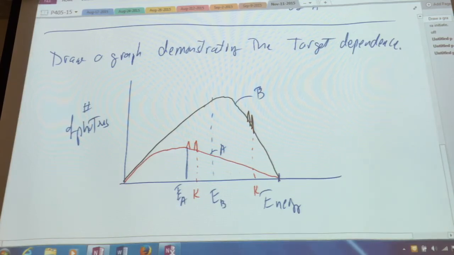That's not too hard. Once you practice that one, that's much easier than, say, the filtration or the voltage dependence. Yes, it looks like B has more mass than A. It does. The heavier target also produces more photons.